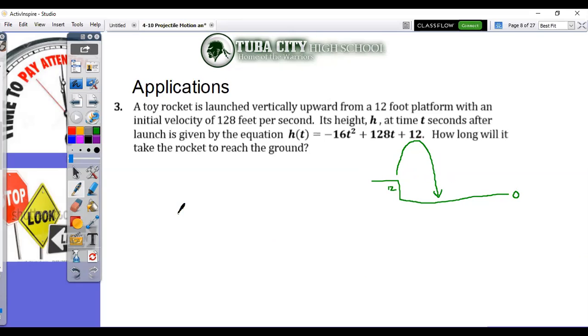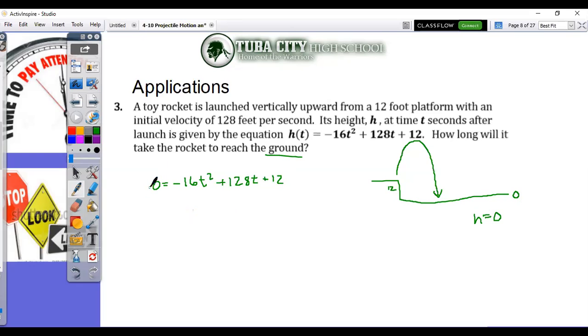So h equals 0. So ground is h equals 0. Right? So what we're going to do is plug in 0 equals negative 16 t squared plus 128 t plus 12.